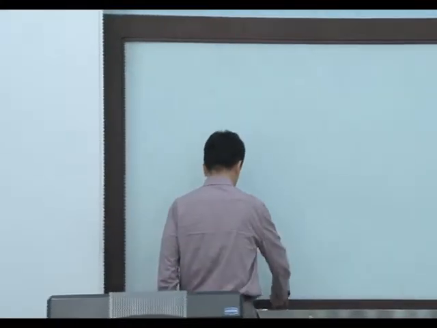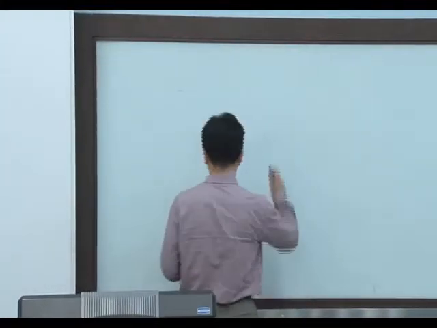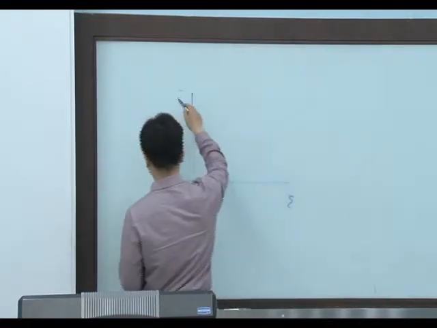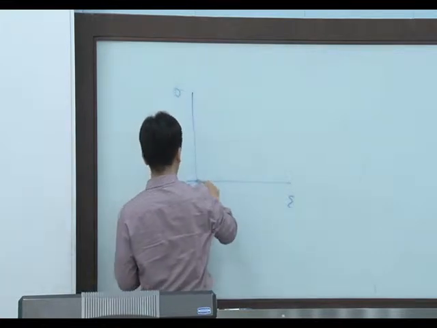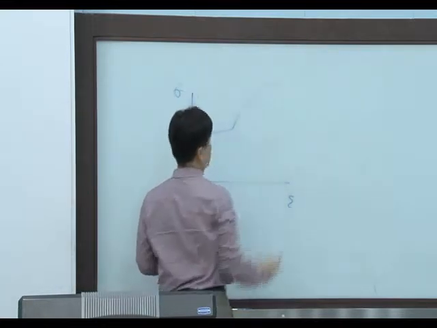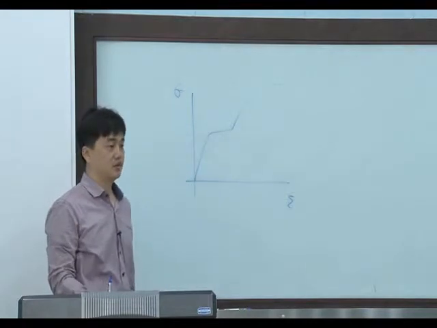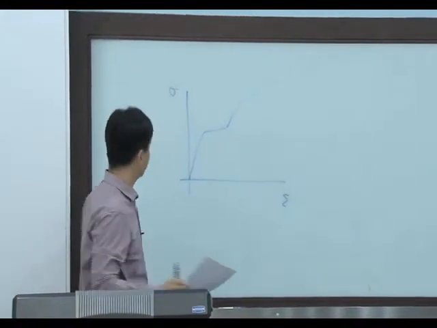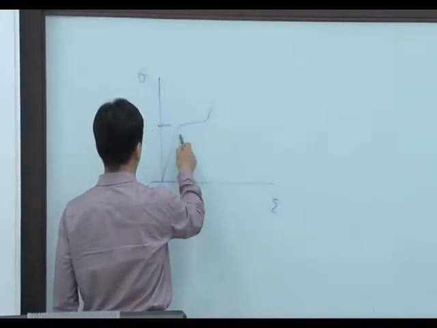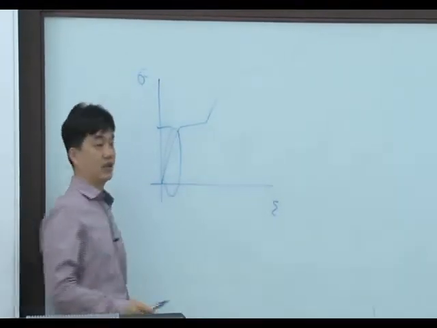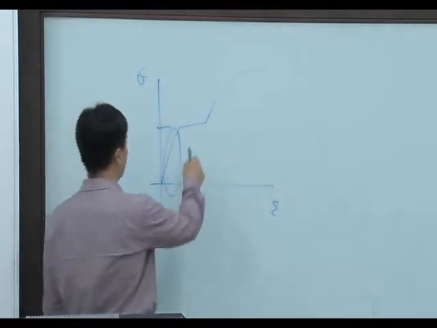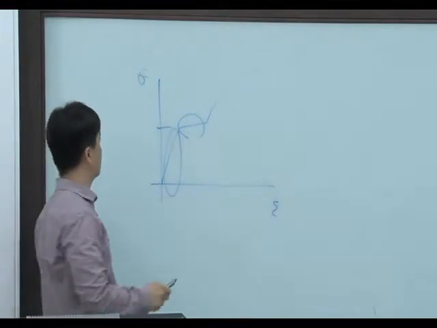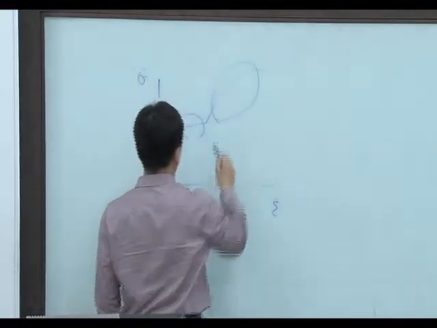So let's review what we did in the last class. This is a typical stress-strain relation of structural steel. And this area is a linear elastic area, and then we have an almost perfectly plastic area here, and then here a hardening area.